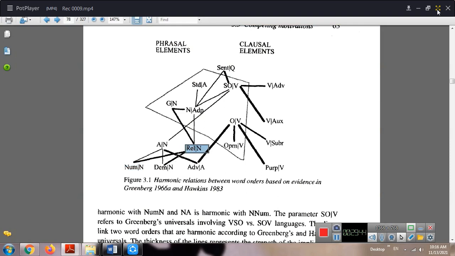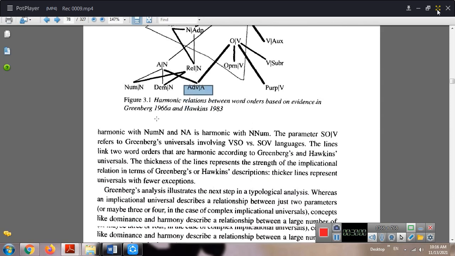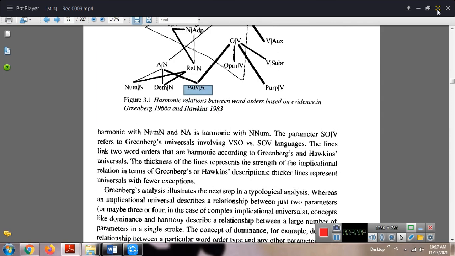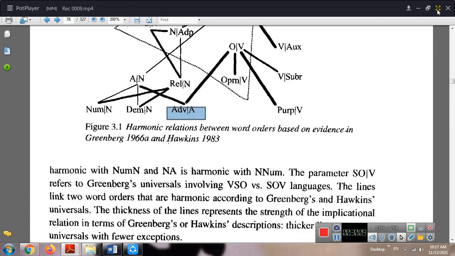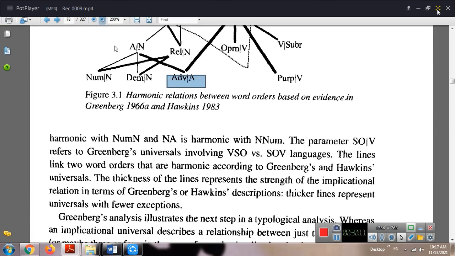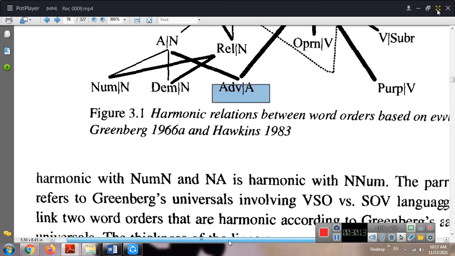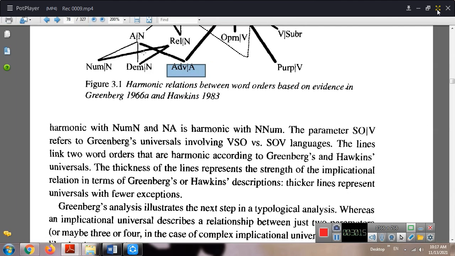And here exists a harmony between adjective noun and adverbial noun, and between adverbial adjective and object verb. And here you can look at this harmony. This figure is just one example for better understanding of this matter, not more. Don't be confused by such a figure.